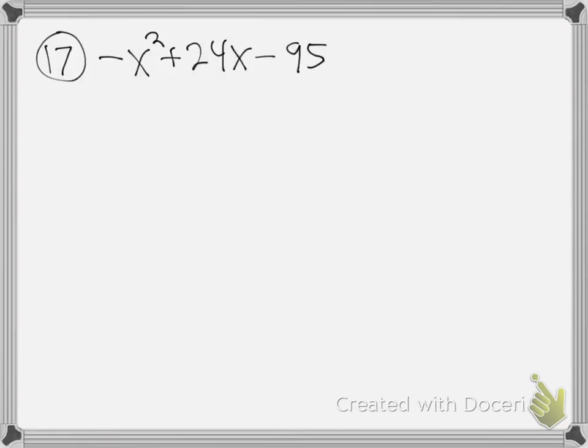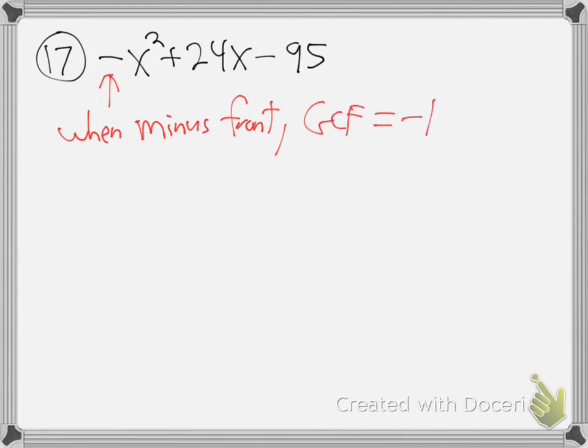This one now is kind of a special deal. Let me give you a special instruction on this one. When there's a minus sign in the front, the GCF is negative 1. Do 1 big parentheses.